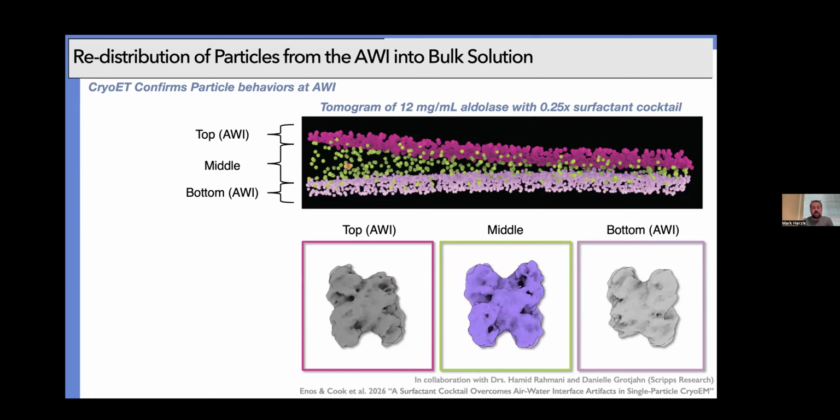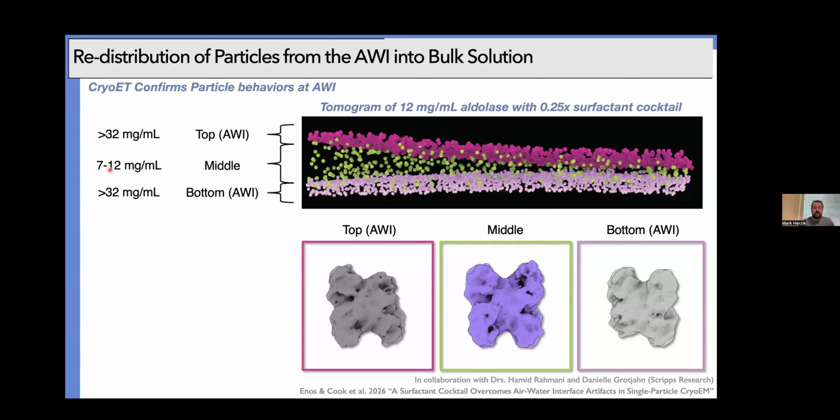Now, what was also really interesting is because we have the volume of this tomogram and we have coordinates, we can basically now estimate the particle density in this tomogram. And so what we saw is of our 12 mg per mil aldolase that was frozen, at the air-water interfaces, it's been concentrated almost threefold, specifically at the air-water interface, while in the middle, it's much closer to the concentration that we originally froze at.